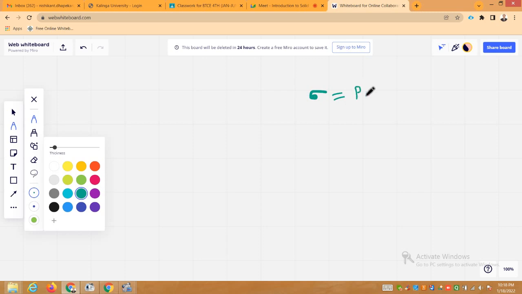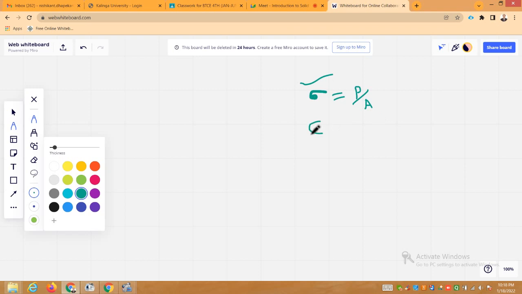I am abbreviating load by P. Load per unit area is stress. This load may be in kilonewtons or newtons or kg or pound or gram. Area may be in meter, centimeter, inch. So load divided by area, you will get stress.